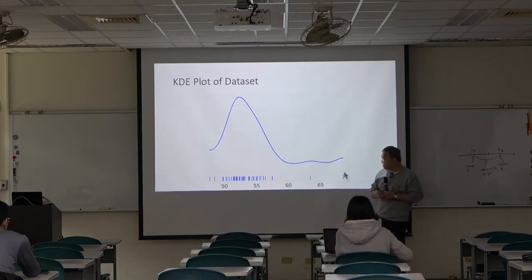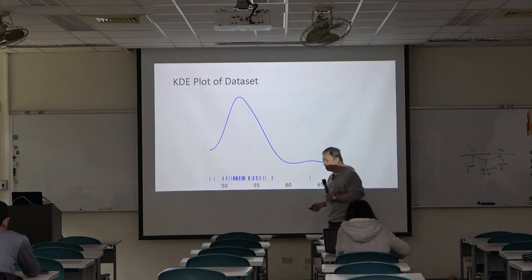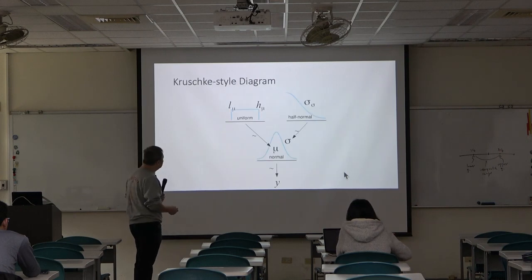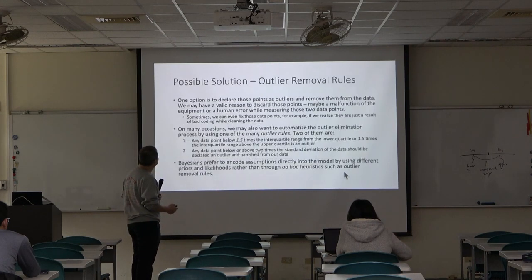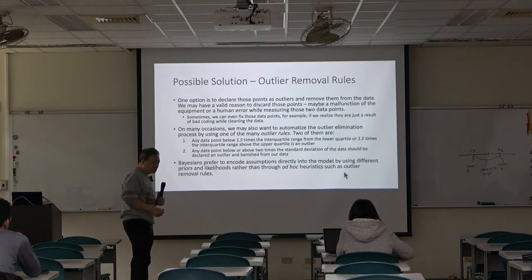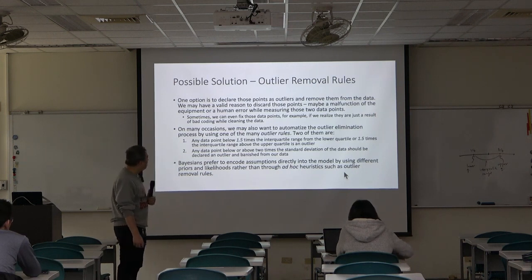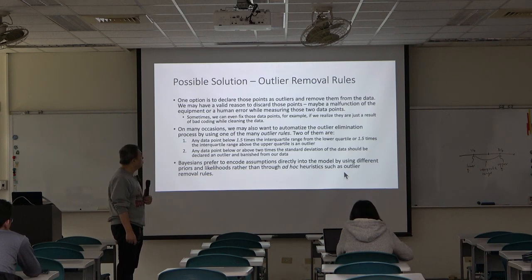So this is how statistics considers what outliers are. But even though traditional statistics considers removing the outlier from the data directly, for the Bayesian approach, Bayesians prefer to encode assumptions directly into the model.